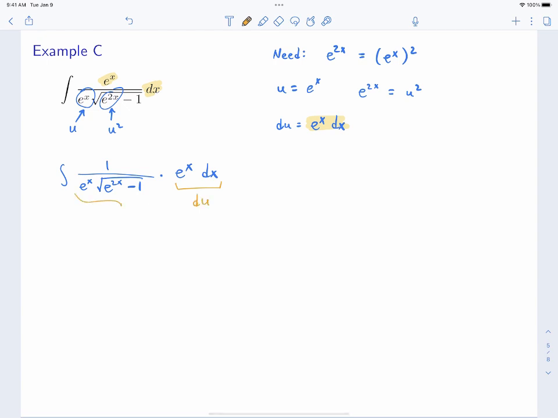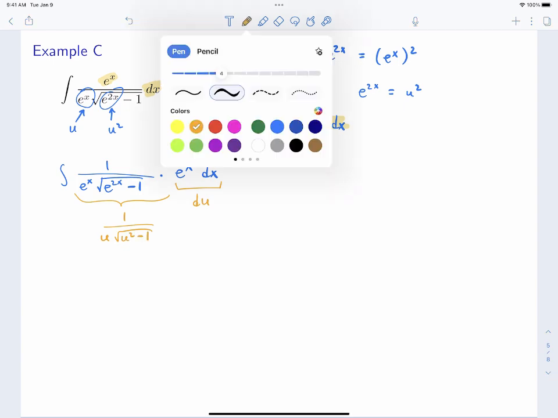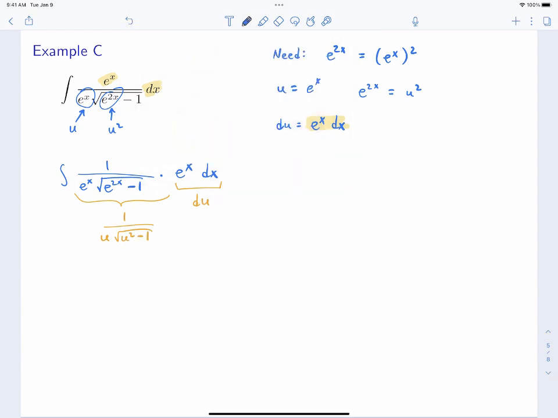And this term right here, everything else in the integrand, is going to be 1 over u times the square root of u squared minus 1. So what we have here is that after we do the substitution, this integral is equal to the integral of 1 over u times the square root of u squared minus 1 du.